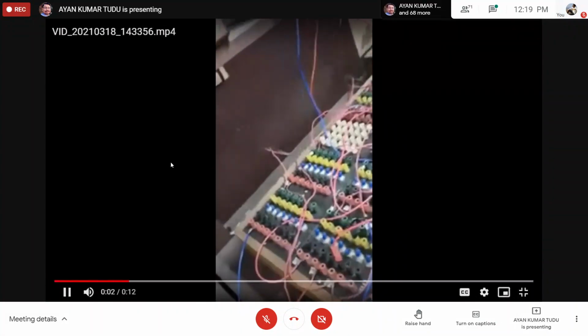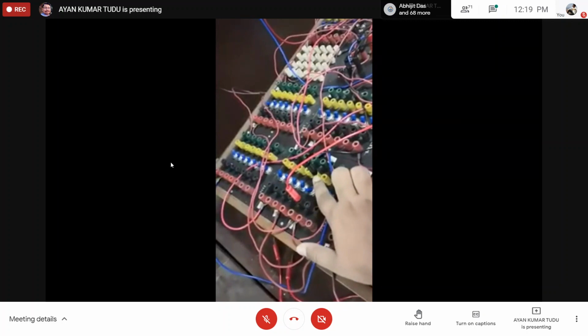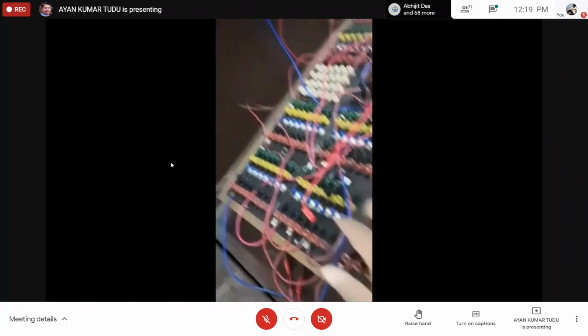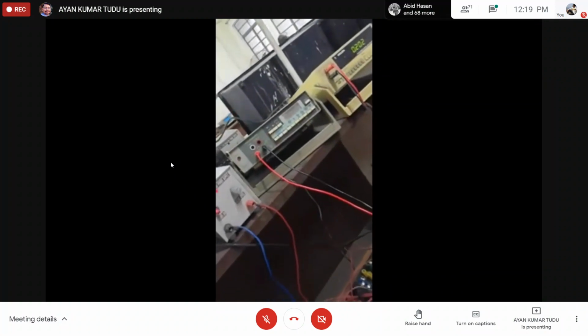Now we are measuring IEQ, and see the change in current. The current would be 0.